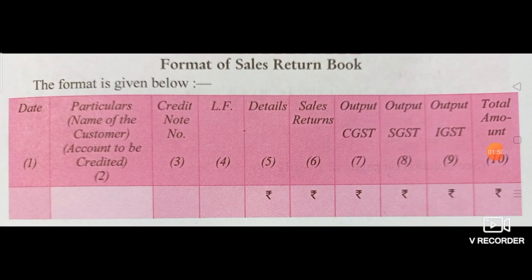This is the format of sales return book for GST entries. Again the columns are same. See the columns. I am explaining slowly so that you can see the columns. All the columns are same, just like sales book.